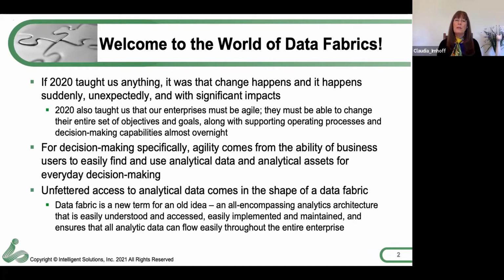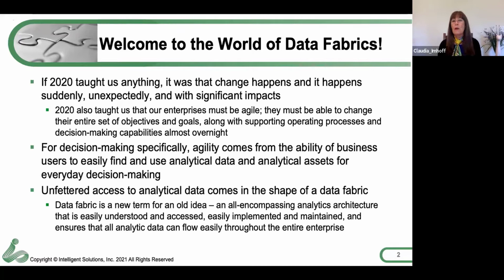For decision-making specifically, agility became the catchphrase, didn't it? Agility comes from the ability of the business users to find and use that analytical data so desperately needed during the pandemic, and to find the analytical assets for everyday decision-making as fast as we can.